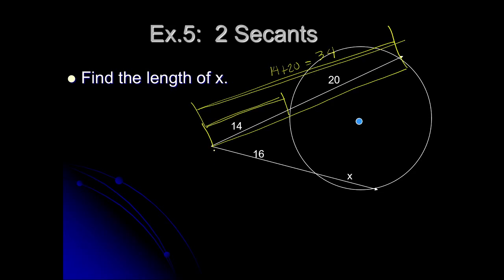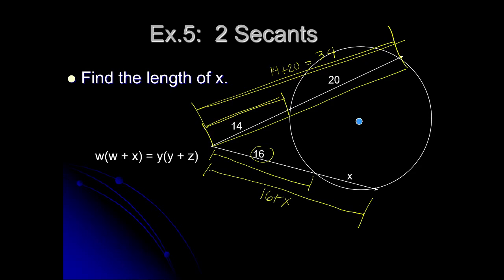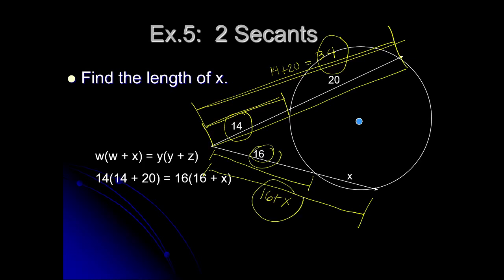On this part here, the shorter is 16. What about the longer side? 16 plus x. Okay, let's continue. Our solution is now, multiply. The 14, I multiply it by its longer. The 16, I multiply it by its longer.